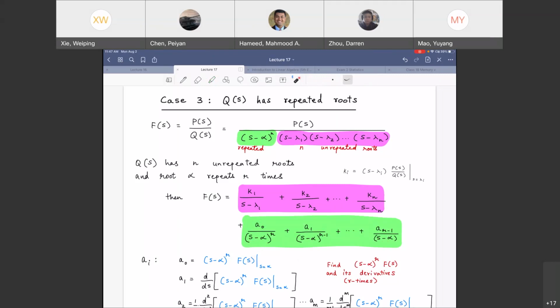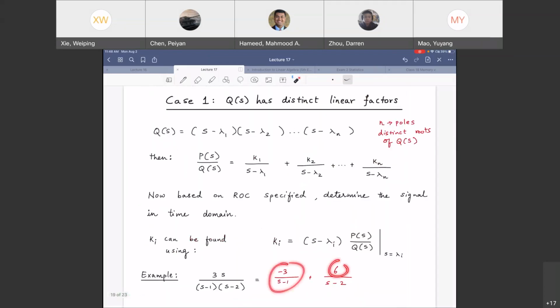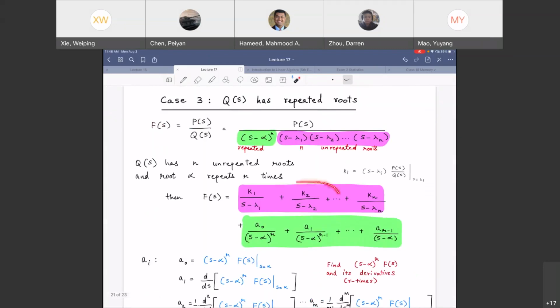But their A's are computed slightly differently. For K's, it's going to be the same, right? Just as you did before. Just hide that particular factor, substitute the S equal lambda i for that Ki, and evaluate, just as we did before here. We got -3 and 6 here, exactly that same way. So that's how you would deal with these.